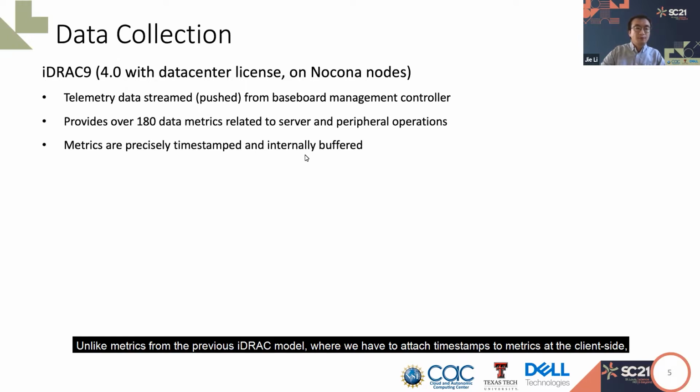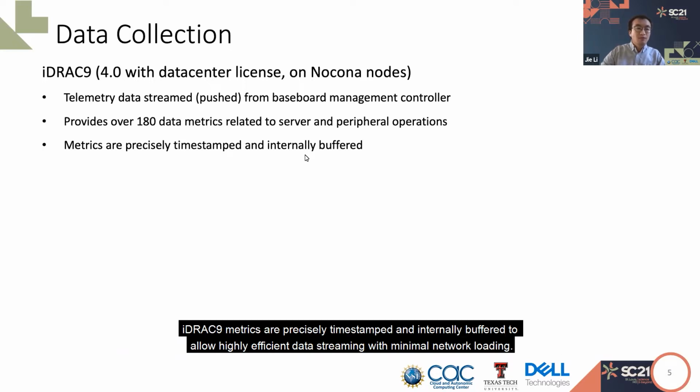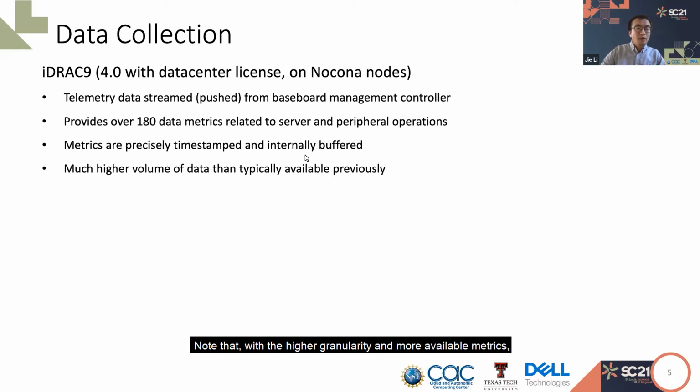Unlike metrics from the previous iDRAC model, where we must attach timestamps to metrics on the client side, iDRAC9 metrics are precisely timestamped and internally buffered to allow highly efficient data streaming with minimal network loading. Note that with higher granularity and more available metrics, the total data volume is much higher than with the previous iDRAC.